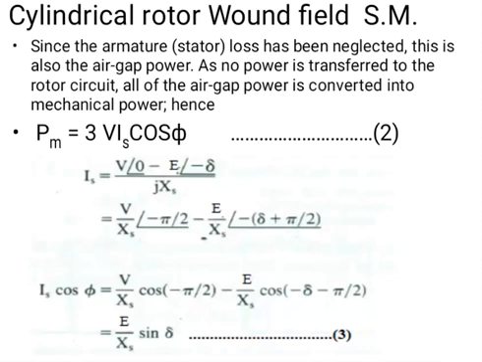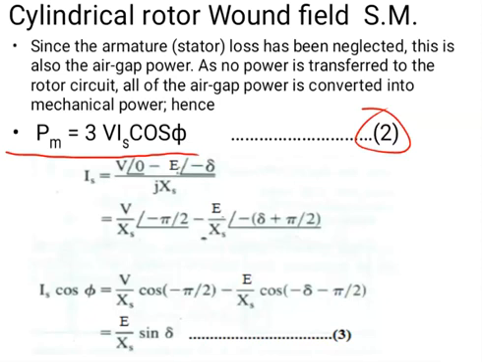All of the air gap power is converted into mechanical power, hence there is no loss, all losses are neglected. Then the input power is the mechanical power, given by Pm equals 3 V Is cos phi, and this is our second equation.